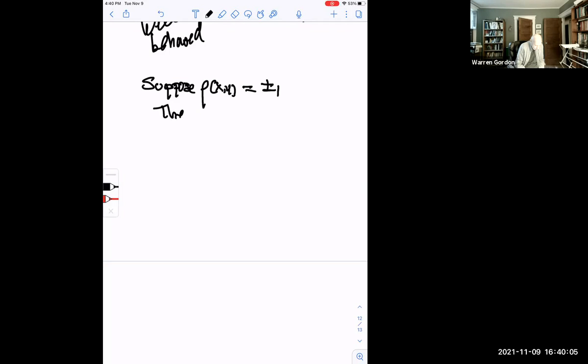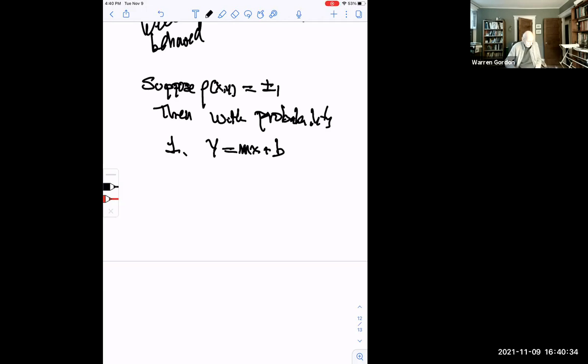Then, with probability 1, the relation between Y and X is linear, for some m and b.